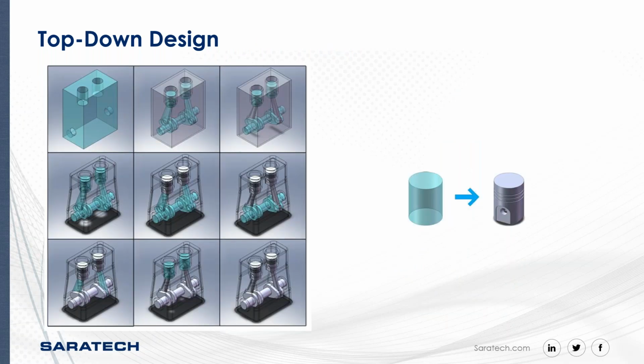So this is an example of the methodology of the top-down design for an engine block here. So you can see starting at the top left of this matrix, we have an envelope that contains the size of the cylinders, where the pivot shaft's going to go. So all that is going to now get driven down into envelopes for your subcomponents.